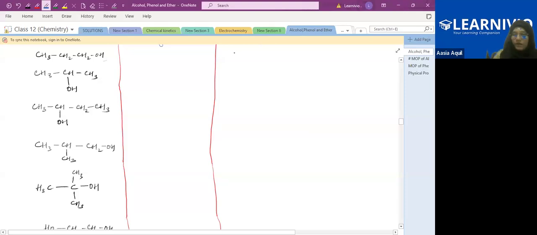Propanol will be the IUPAC name. Propanol, or you will write propan-1-ol. Or you can directly write propanol.